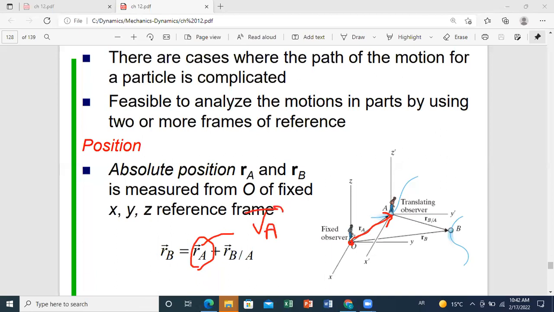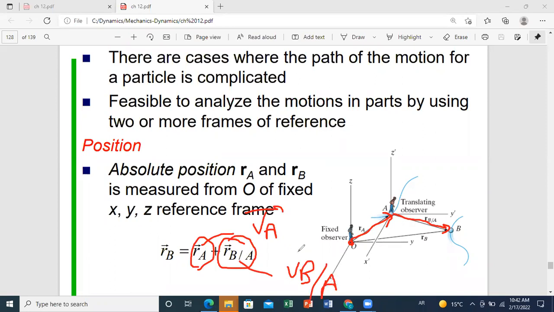However, when you derive this term here, you are deriving a position vector relative to A, which is the center of a moving, translating frame. So when you derive this, you will get the velocity of B relative to A.